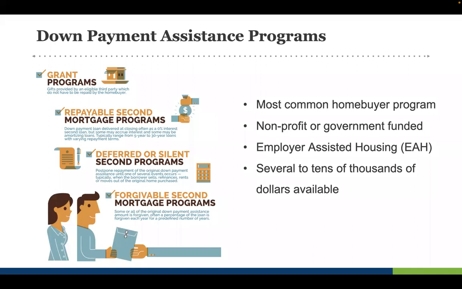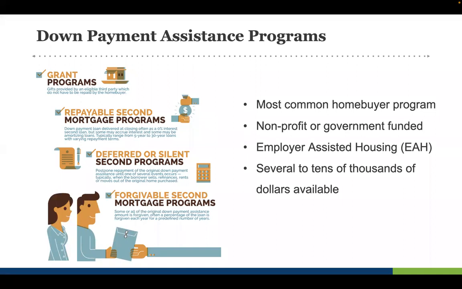And if it's a loan, it might be repayable. So as we go down on the left here, the second option, a repayable second, is a down payment assistance loan that you get at closing with your mortgage, and you have a payment both on the mortgage and on the down payment assistance. That monthly payment starts immediately, just like the mortgage. However, some down payment assistance loans will defer payments.